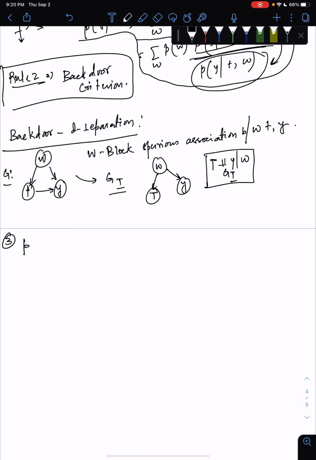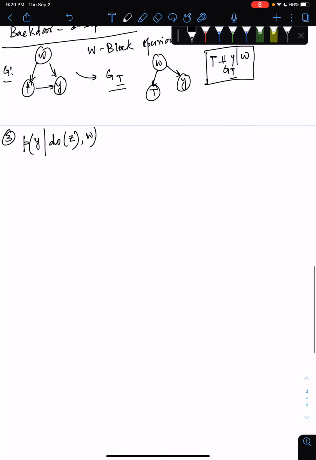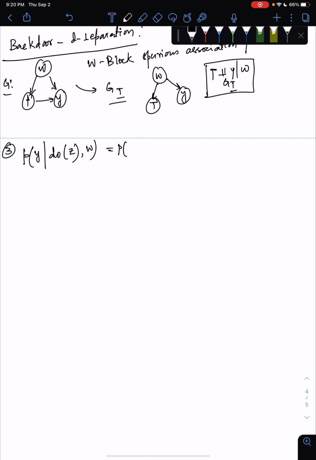The third rule says that we have this probability distribution do(z) and w, because we assume that T is null. So we can remove the probability of the Z. We can remove this Z entirely if Y and Z are conditionally independent given W in a graph where this is a peculiar condition.